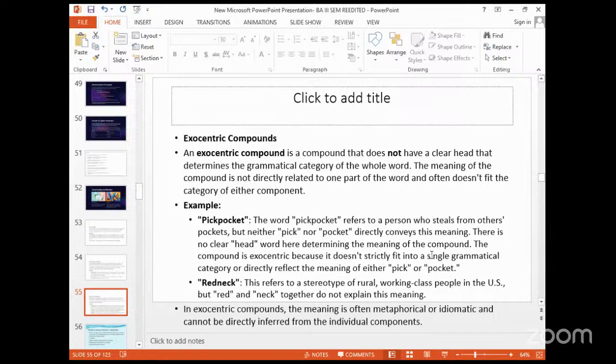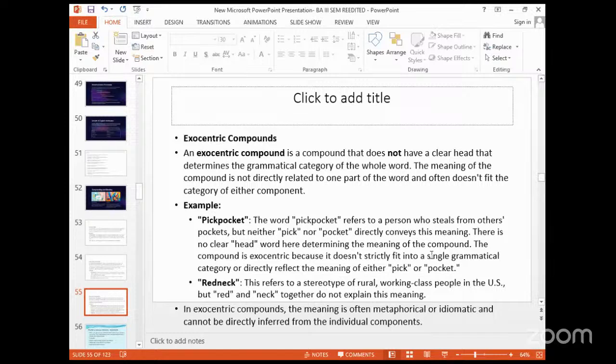There's no clear head word here determining the meaning of the compound. The compound is exocentric because it doesn't strictly fit into a single grammatical category or directly reflect the meaning of either pick or pocket.